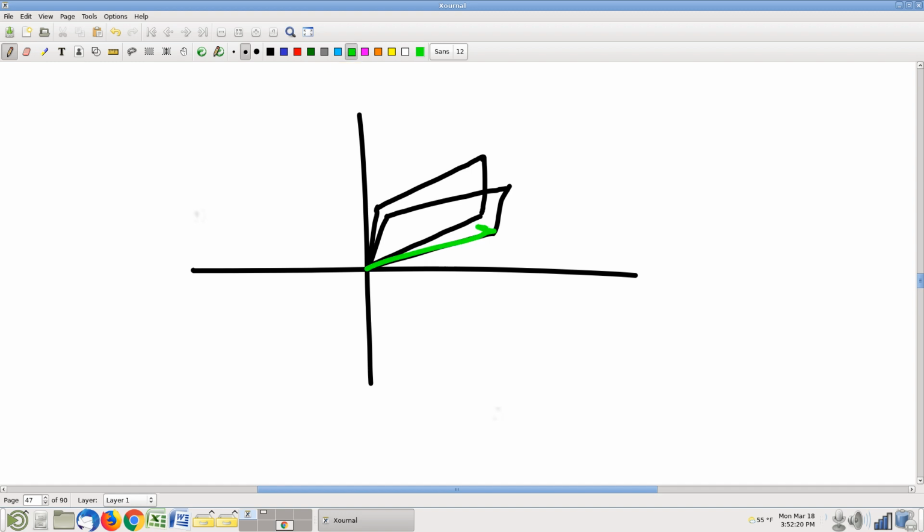So, two original vectors. If I add and then rotate, that gives me that point. On the other hand, if I were to rotate first and then add, it gets me to the same point.